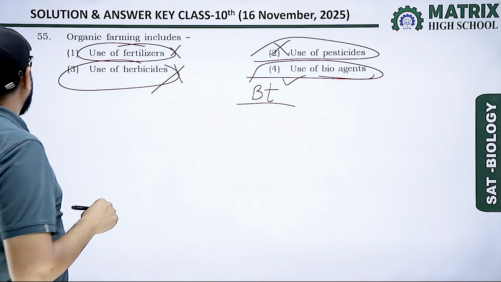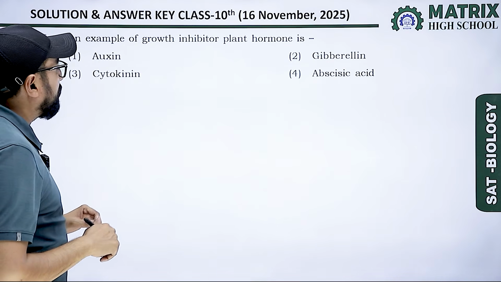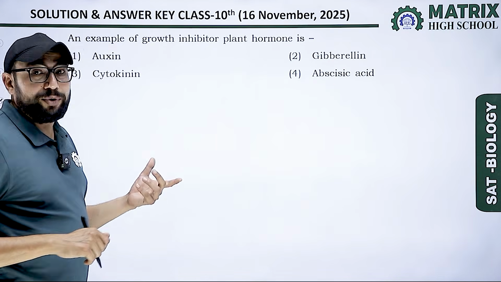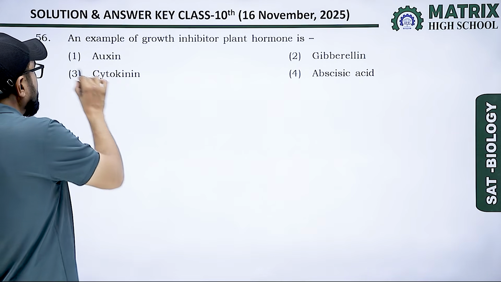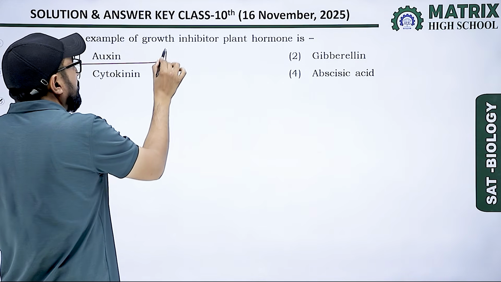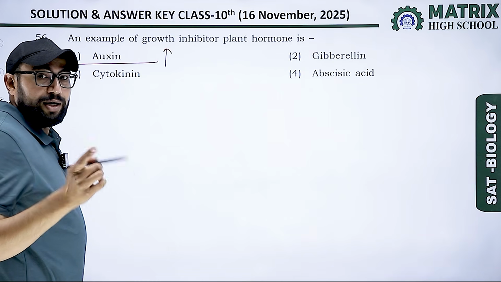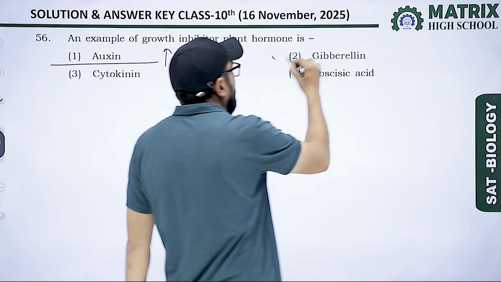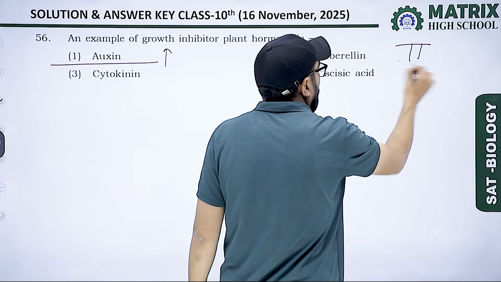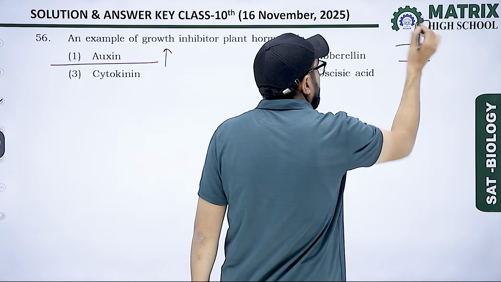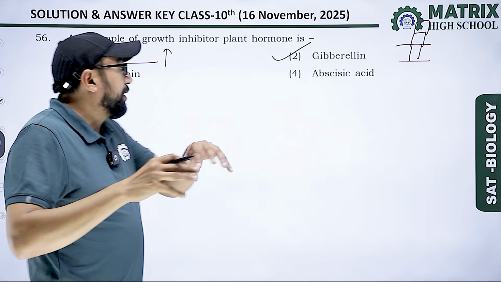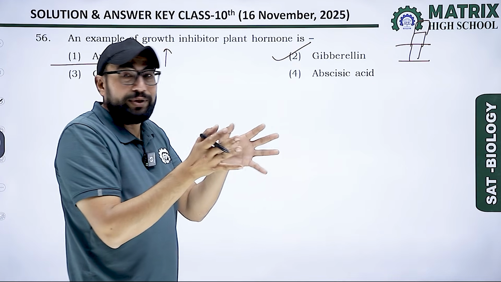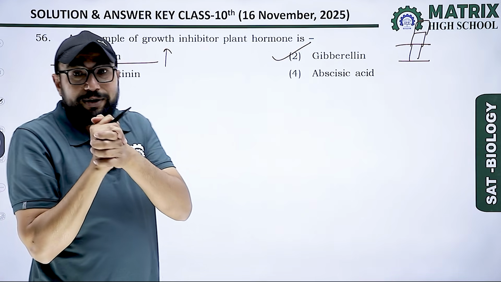Next, an example of a growth inhibitor plant hormone is: first, auxin. Auxin is a growth hormone present at the tip of the plant, shoot and root. Gibberellin is for growth of the stem or growth of the rosette type of plant.